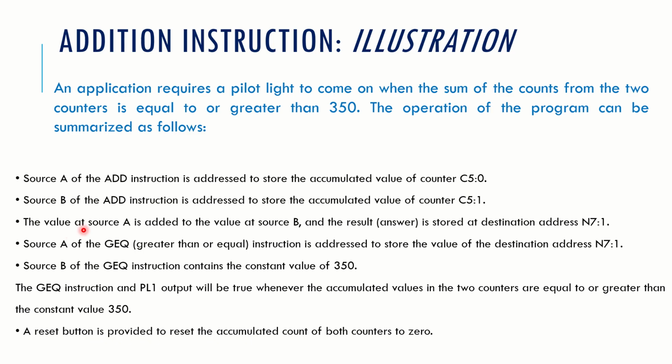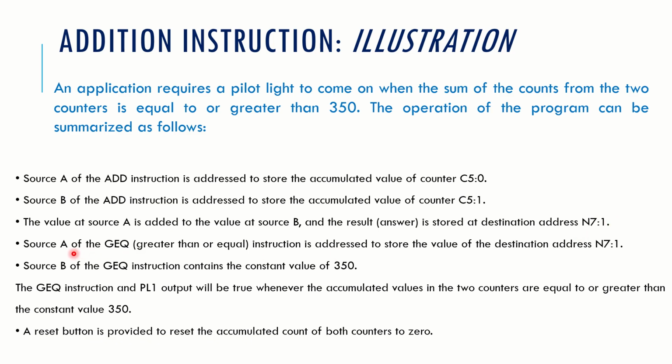The value at source A is added to the value at source B, and the result is stored at destination N7:1, right?